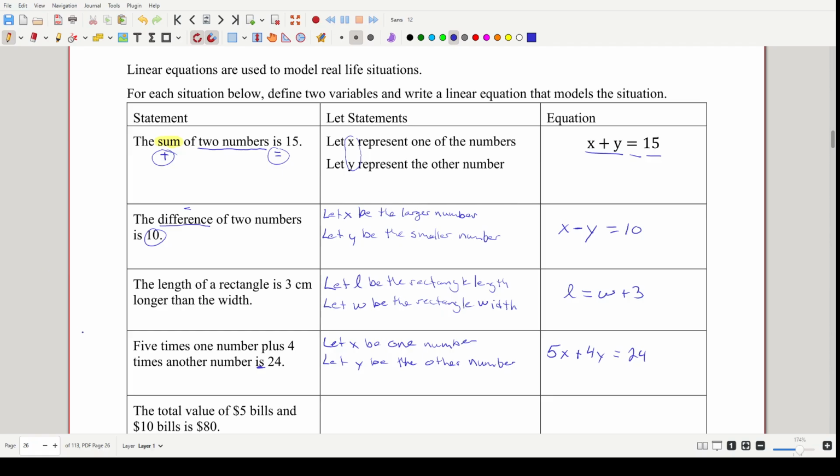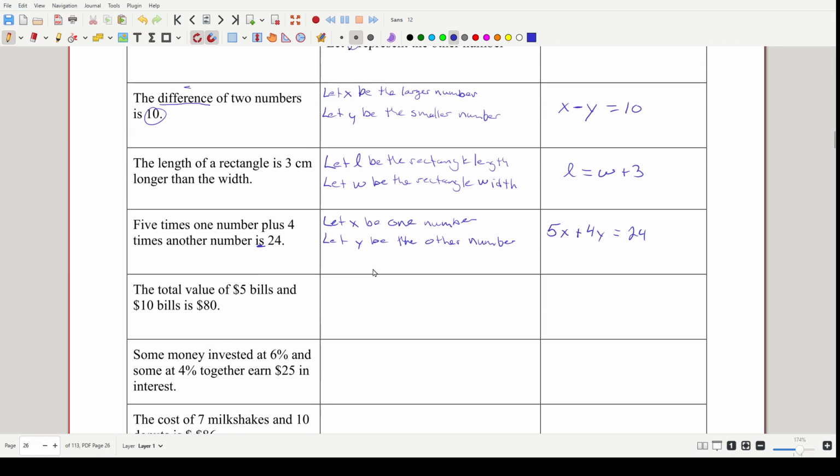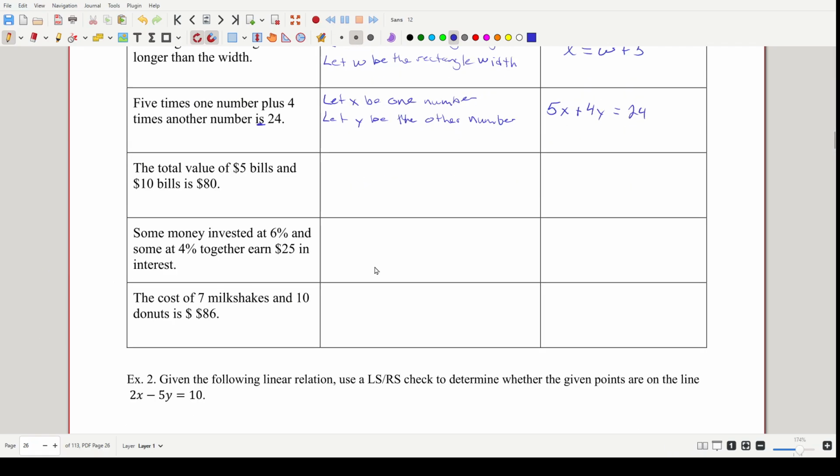All right, let's keep going down. We got 3 more here. So the total value of $5 bills and $10 bills is $80. What do we not know in this question? We know the value of the bills. We know the total amount of money. But we don't know how many of each bill we have.